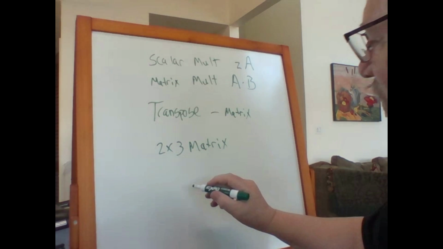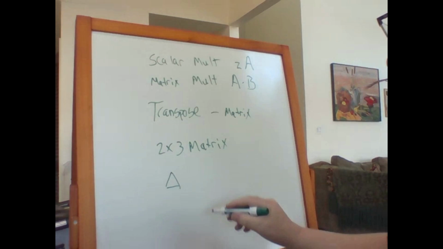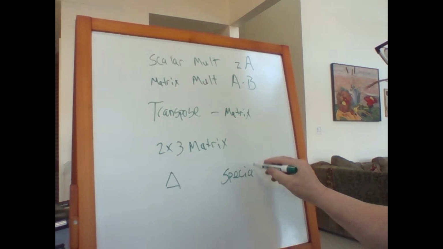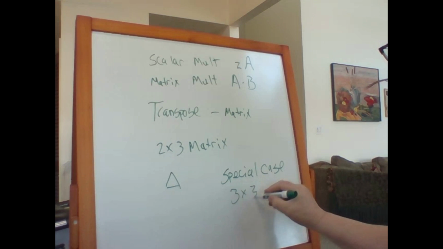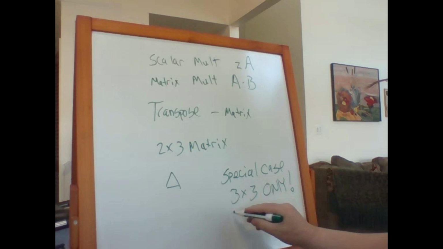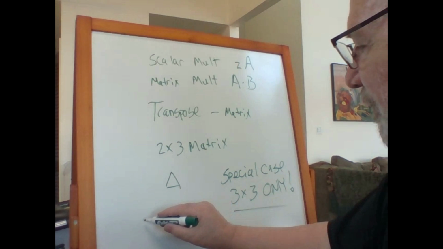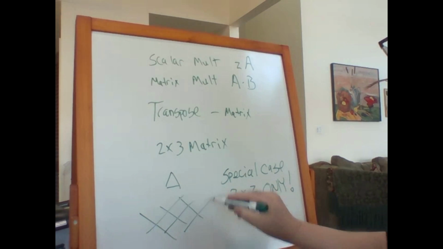We're going to look at determinants and the actual formula for determinant. We looked at a special case for determinants for 3 by 3 only, and that was a special case that makes it simple for us to calculate, this diagonal multiplication.